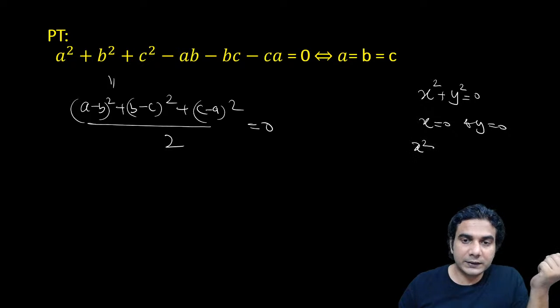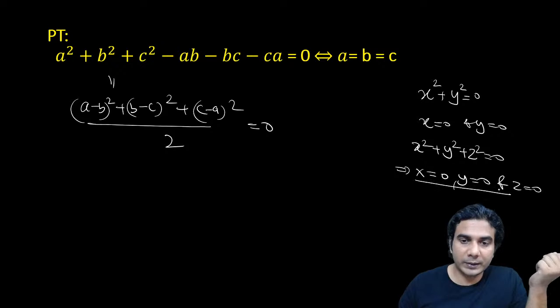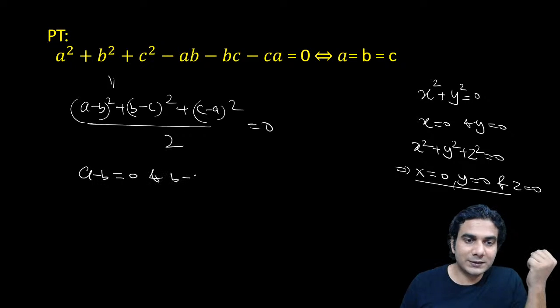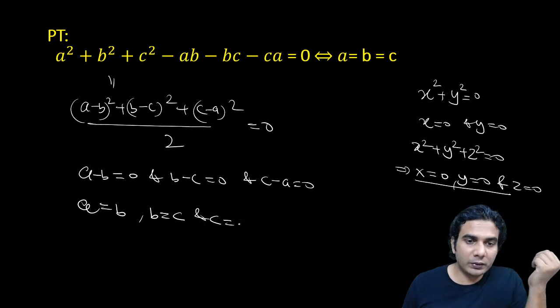Similarly, if you have x square plus y square plus z square equal to 0, then x is equal to 0, y is equal to 0 and z is equal to 0, all three simultaneously. So here also you can write a minus b is equal to 0, b minus c is equal to 0 and c minus a is equal to 0, right? That means a is equal to b, b is equal to c and c is equal to a. That means a is equal to b is equal to c.